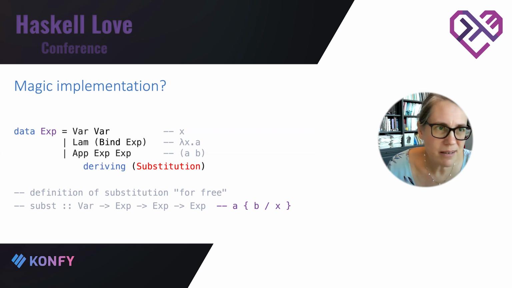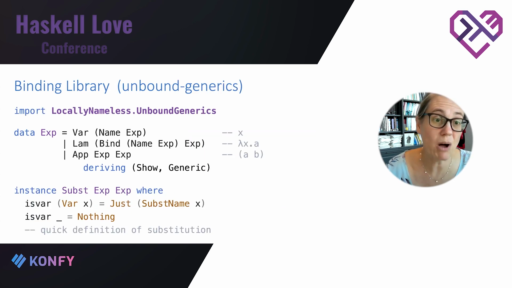Now this sounds great, but it actually turns out that this is possible today. There are several binding libraries out there that are available for doing exactly this. This is an example where I've decorated the term with some constructs from a binding library called unbound-generics. If you import that library into your project, you can use the definition of the bind type from that library.